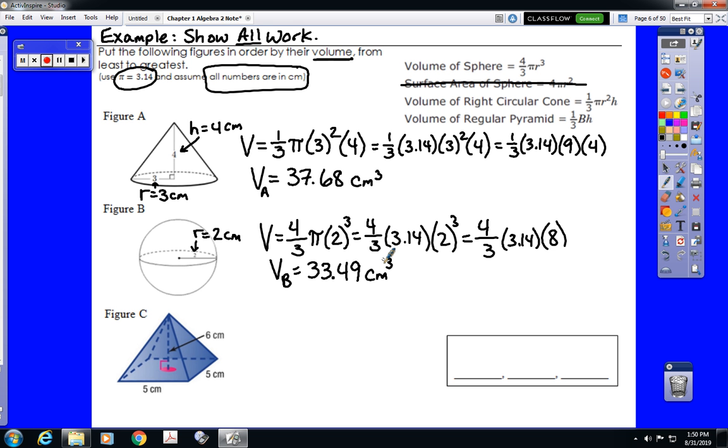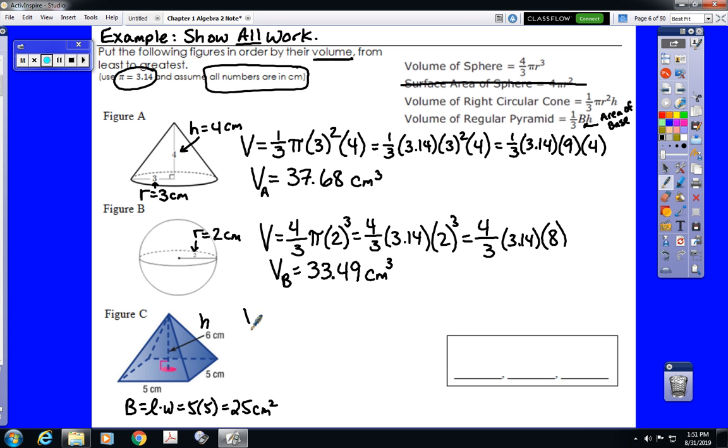Finally, in figure C, we have to do a little bit more work because this capital B is the area of the base. So we need to start by finding the area of the base. Well, the base is a 5 by 5 square. To find that, we do length times width, which is 5 times 5, or 25 square centimeters. The 6 is our vertical height, or h.